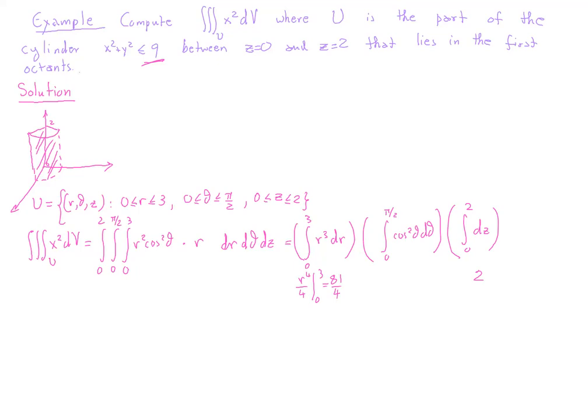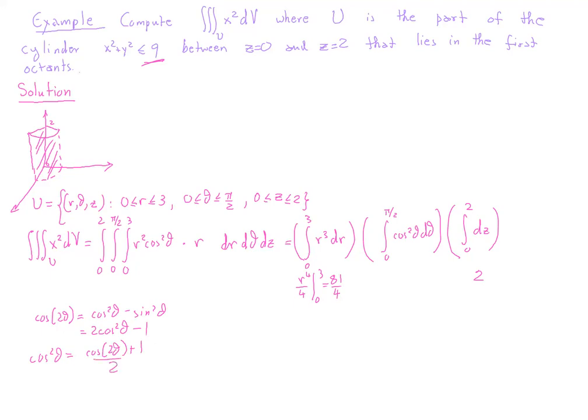To integrate the middle one, let's use the double angle formula that tells us that cosine of 2 theta is cosine squared of theta minus sine squared of theta, which is the same thing, by using the Pythagorean theorem, as 2 cosine squared of theta minus 1. And if you solve for cosine squared of theta, then you get cosine of 2 theta plus 1 over 2.